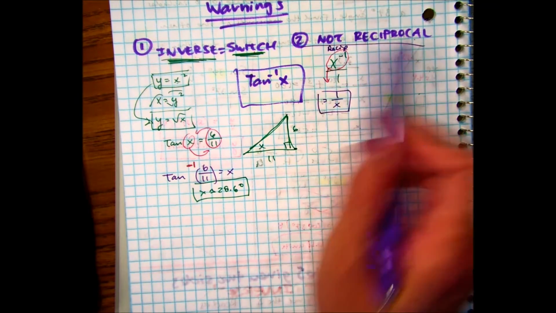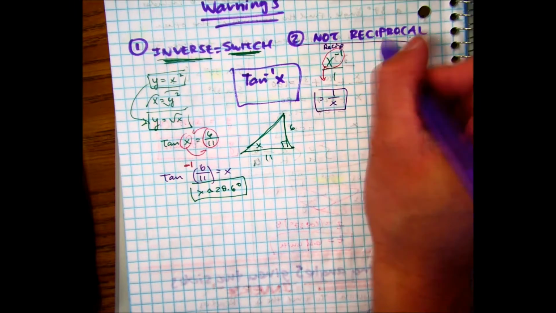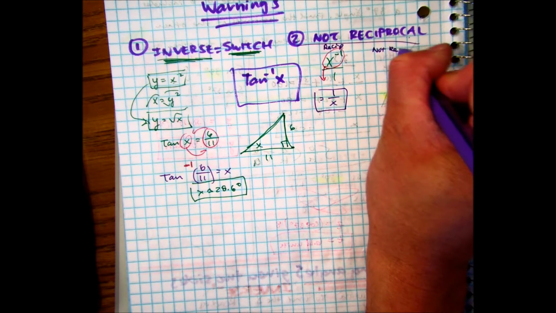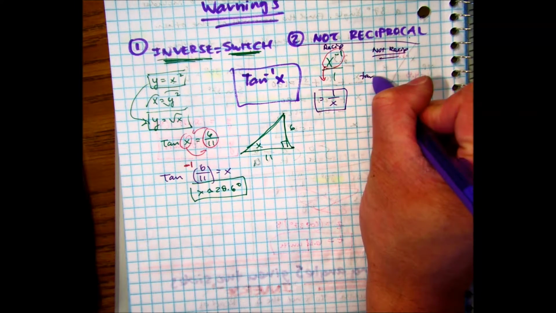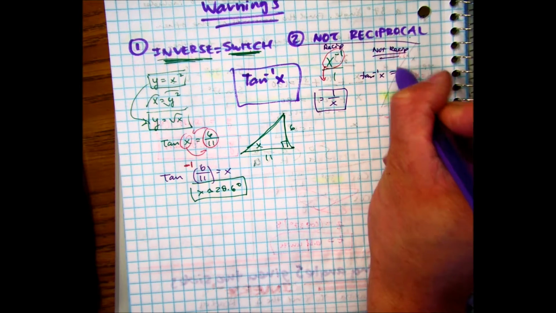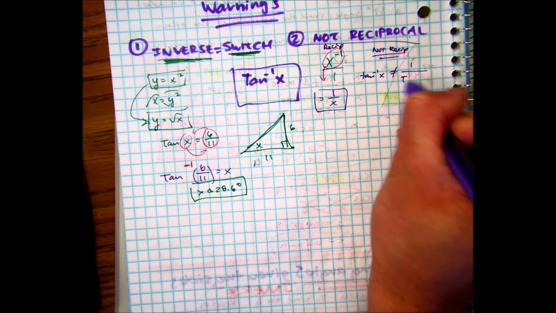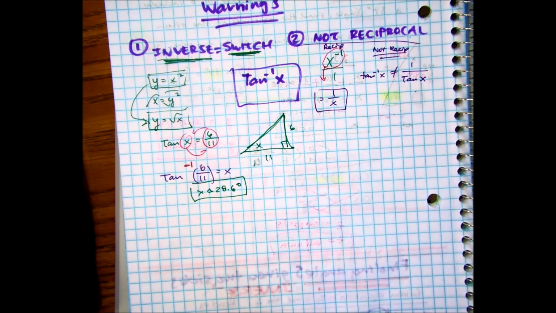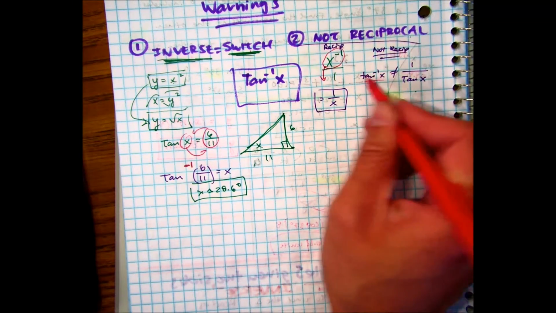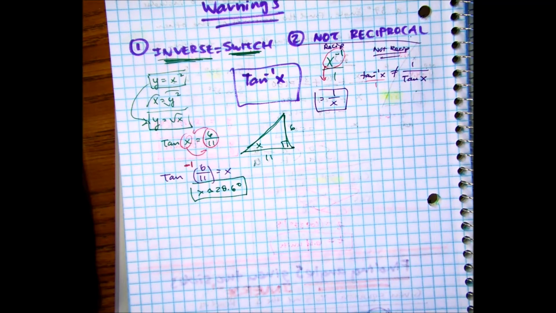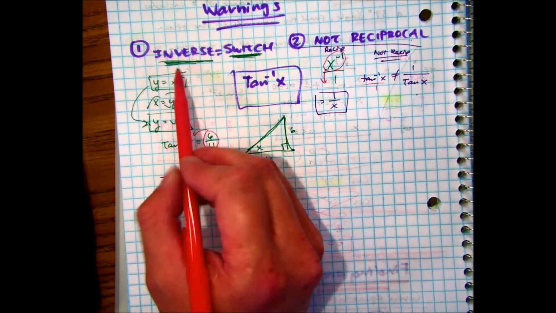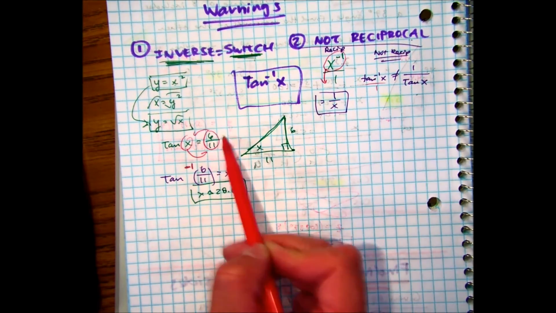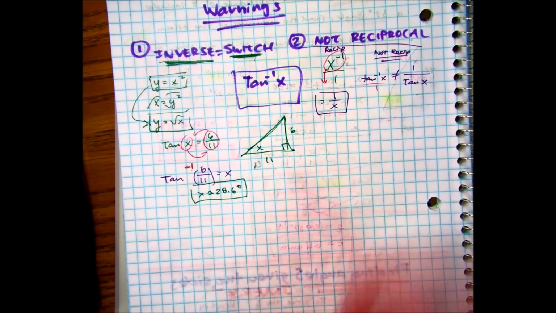What I mean by not reciprocal is that inverse of tangent of x is not equal to 1 over tangent of x. Do you see that? You're not going to make it a fraction and then take it downstairs. You're not doing that. Okay? So again, the big idea is that you take the inverse, you're going to do a switching. Make sure you put that symbol, and it does not mean the reciprocal.